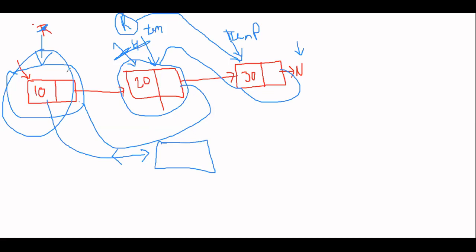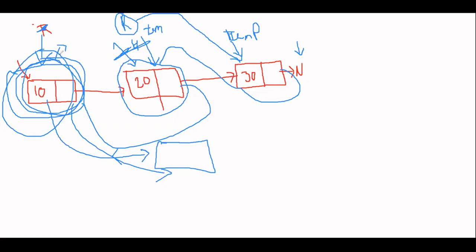Guys, we are doing nothing special. We are just removing one node from here and adding it into a new linked list, but we are not using any memory, because we are just changing the addresses of these nodes. We are not creating any new linked list, and we are not using the new keyword.